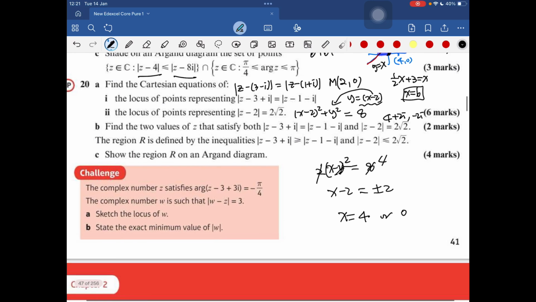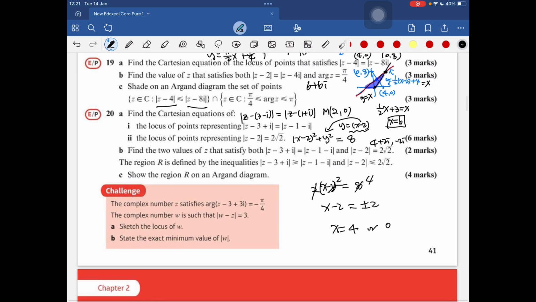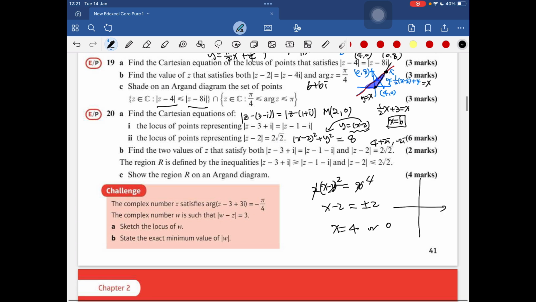So now the reason on the Argand diagram. So we can draw the graph. So 2, 0, and like this. So this can be 2 plus 2 square root of 2.